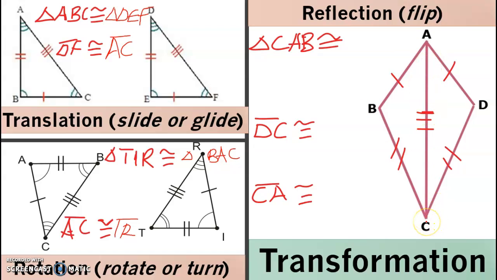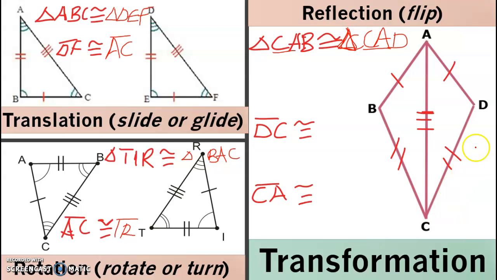So C is going to still be C. It's going to be triangle C, and then A also, CA, and then D. Because CA is the same segment, CA for both of them.